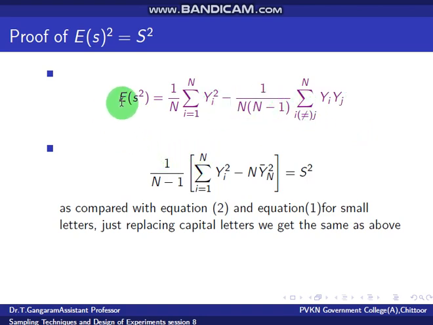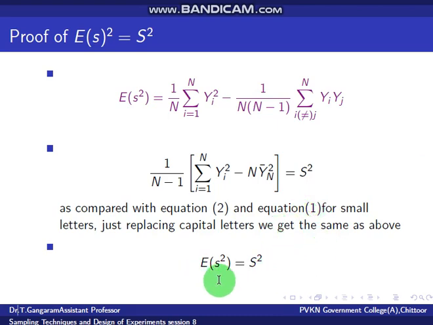By applying expectation on small s square, all small values become capital values. Finally, from equation 1, we can transform this into this expression, that is equal to capital S square, as compared with equation 2. In equation 1 for small letters, just replacing capital letters, we get the same as above.